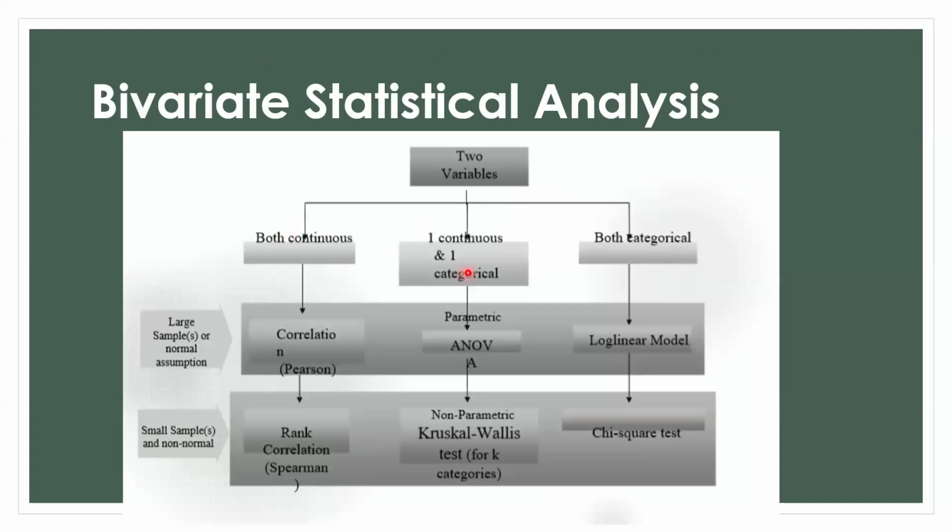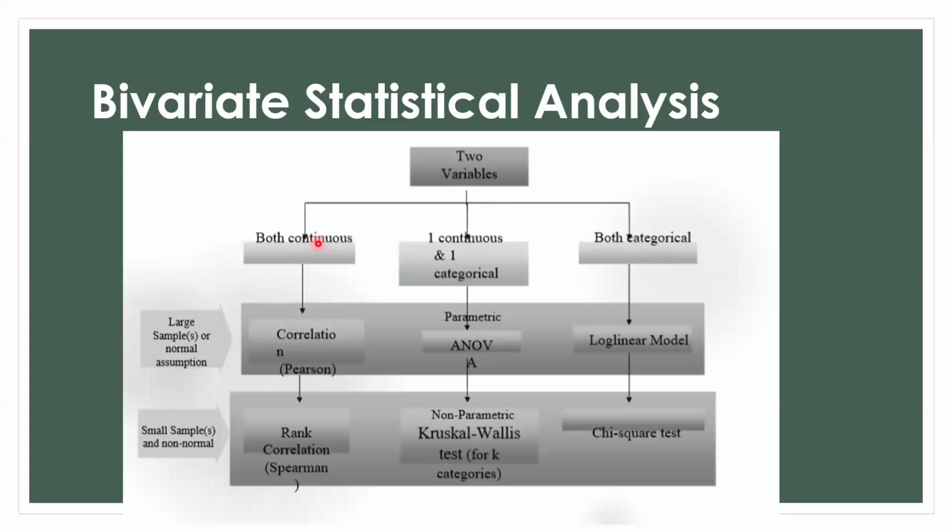Right now, of course, we might be having two variables. Most of the research models are of that nature, right? So bivariate. So in this bivariate analysis, you have to have a look at the scale of measurement.